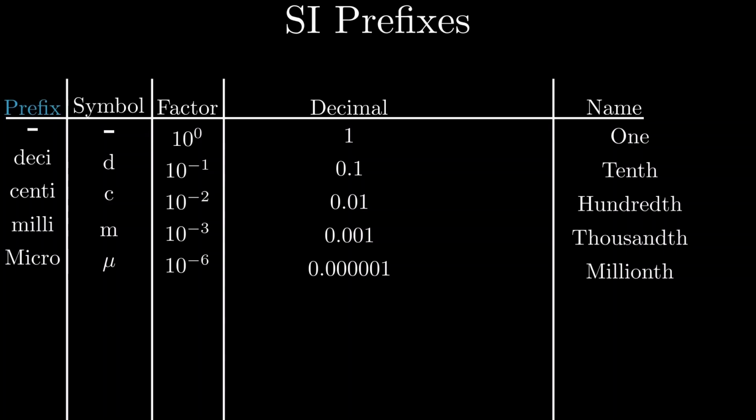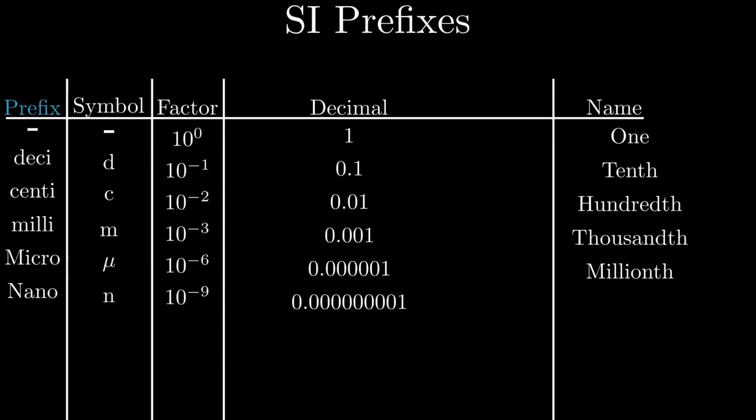Okay, so that's micro. And nano, you may also see that in electrostatics. So you have nanocoulombs or nanometers in electromagnetism for waves. Nano is 10 to the negative 9. Okay, so it's a billionth.